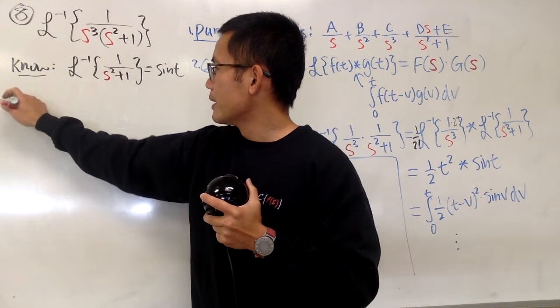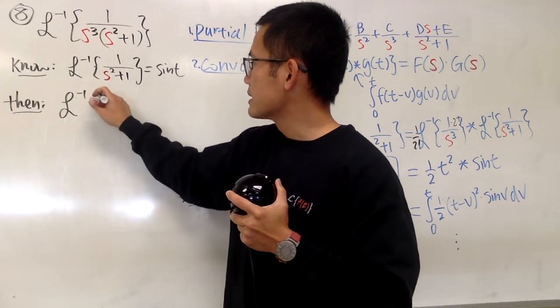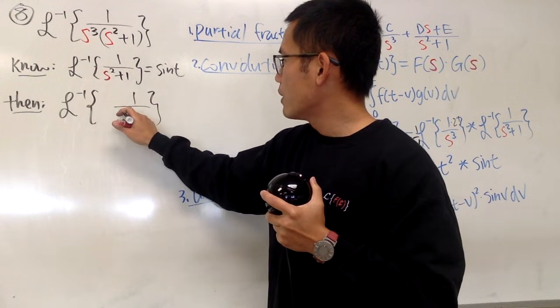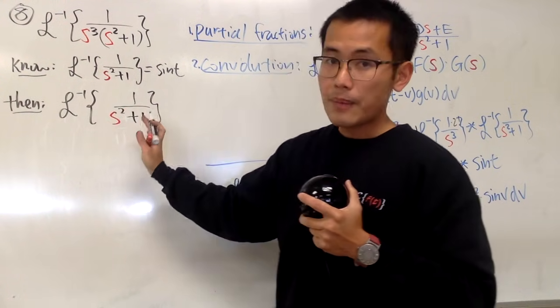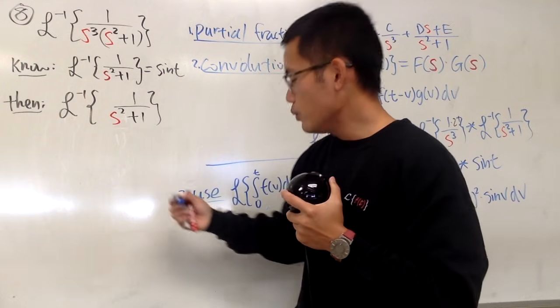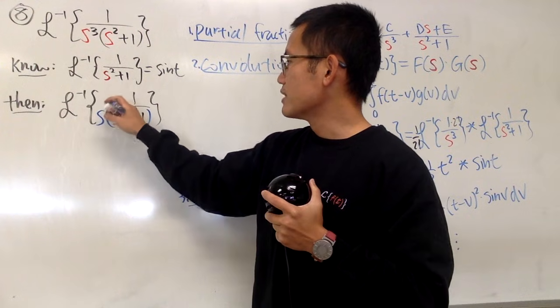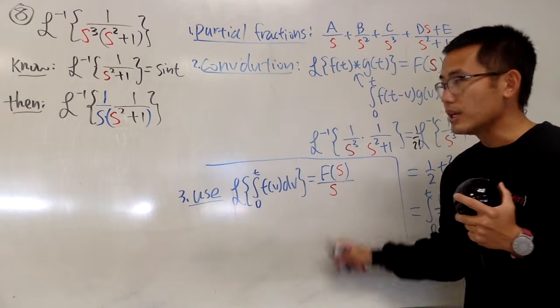Then, if you want to do the inverse Laplace of 1 over s squared plus 1, same one, but you really want to have an s right here, multiply with that, which is the same as just dividing by this additional s.